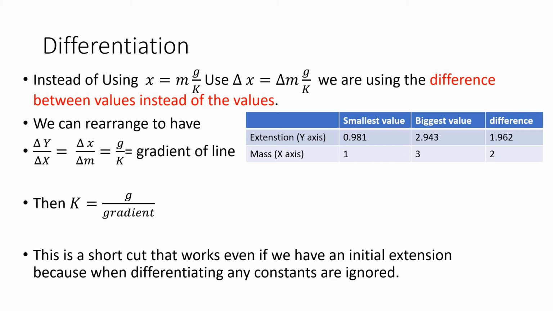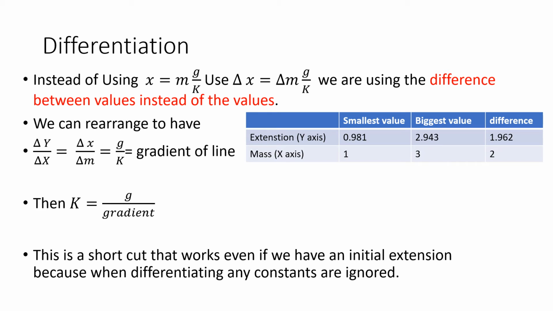So do the biggest, subtract the smallest, and you end up with 1.962. Do the same for the x-axis and you end up with 2. If you get the 1.962 and divide that by 2, you end up with the gradient of the line. And that conveniently is, I think, 0.981, and that's kind of what the gradient on our Excel graph was before. So basically Excel tells you the gradient anyway, so you don't need to calculate it.